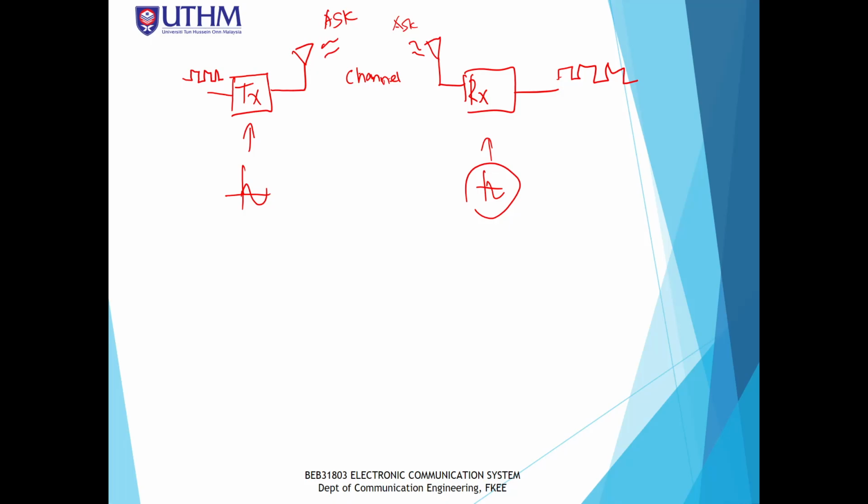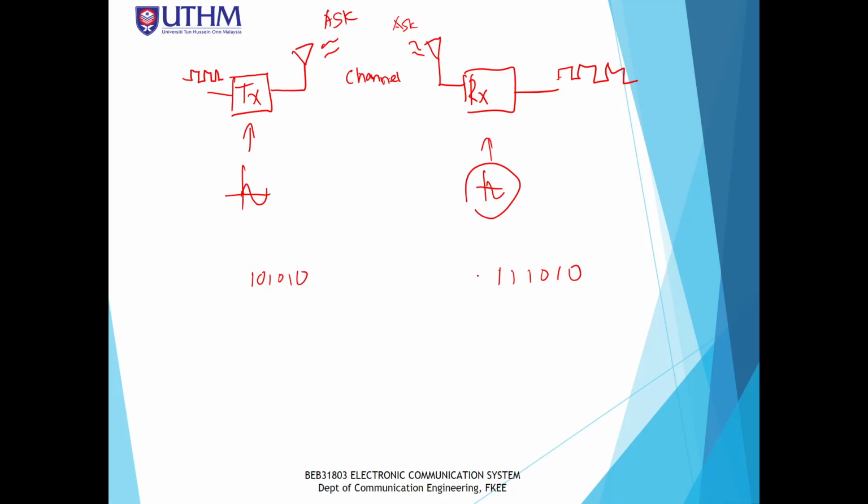There is also another issue in the receiver: there is a possibility that the receiver will make an error. Error means that when we transmit, for example, 101010, suddenly the receiver interprets it as 111010.